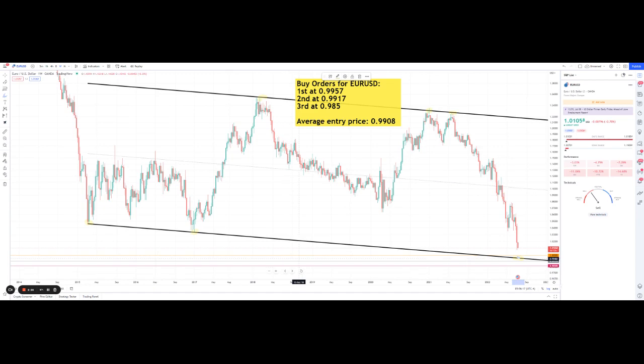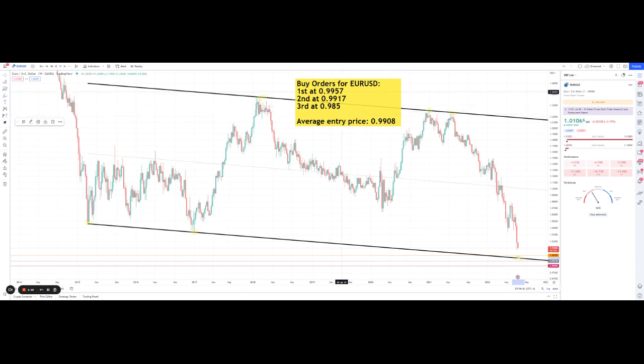Now, the principle of the trade idea is to set three buy orders. First one at the touch point of the lower band, that's 0.9957, about, it's an approximate. Second one is 0.9917, and the third one 0.985.